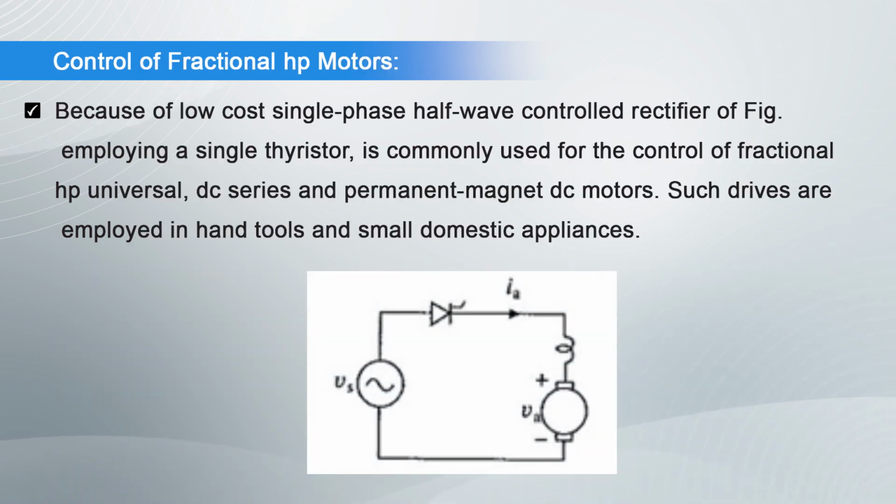Next, we deal with the control of fractional HP motors. Because of low cost, a single phase half wave controlled rectifier, shown in the figure, employing a single thyristor is commonly used for the control of fractional HP universal DC series and permanent magnet DC motors. Such drives are employed in hand tools and small domestic appliances.